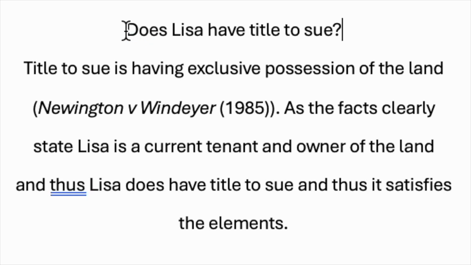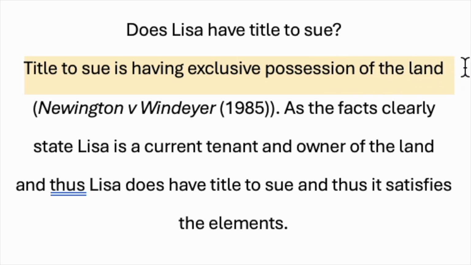But in an assessment or exam condition, guys, you need to make sure you don't write it down in dot points with issue and all that next to it. You need to write it down in a sentence or a paragraph. So for example, I've written underneath the very basic way of a paragraph that applies ISAACS. It is the following. Does Lisa have title to sue? Great, there's your issue. I then go, title to sue is having exclusive possession of the land.